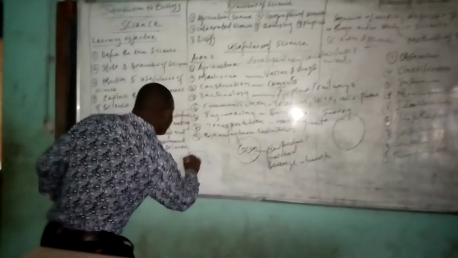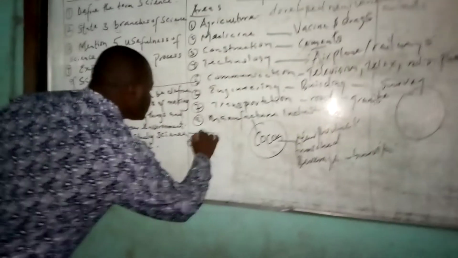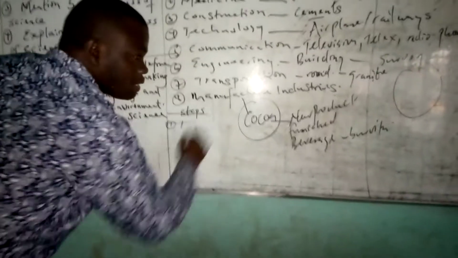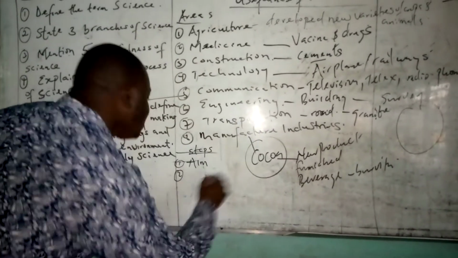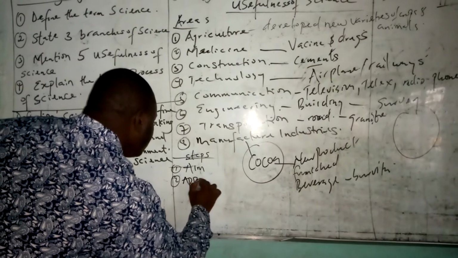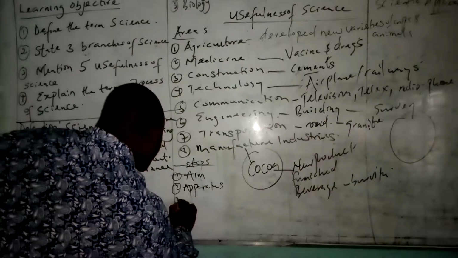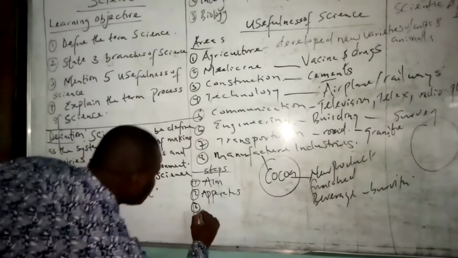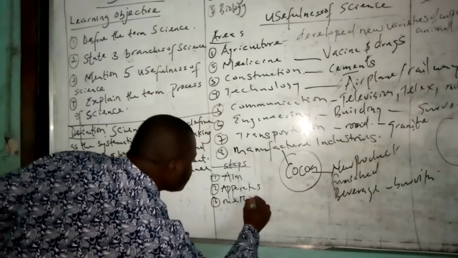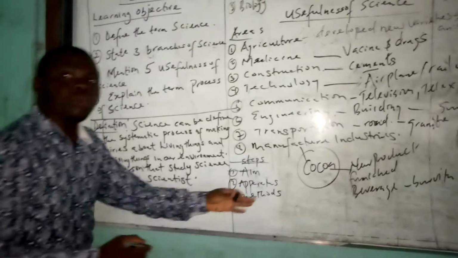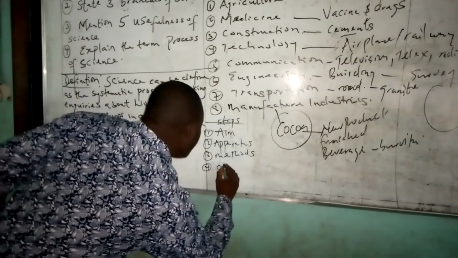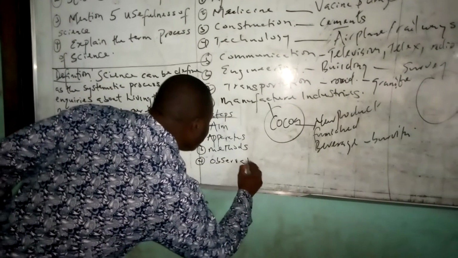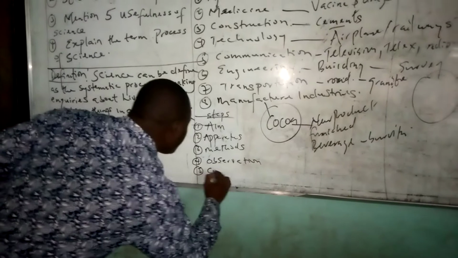There are 5 steps to register their experimental procedure. Number 1 is their aim. Number 2 is to state the apparatus. Number 3 is to talk about the method they want to use. Number 4 is to talk about the observation they have seen. And number 5 is to write the conclusion.